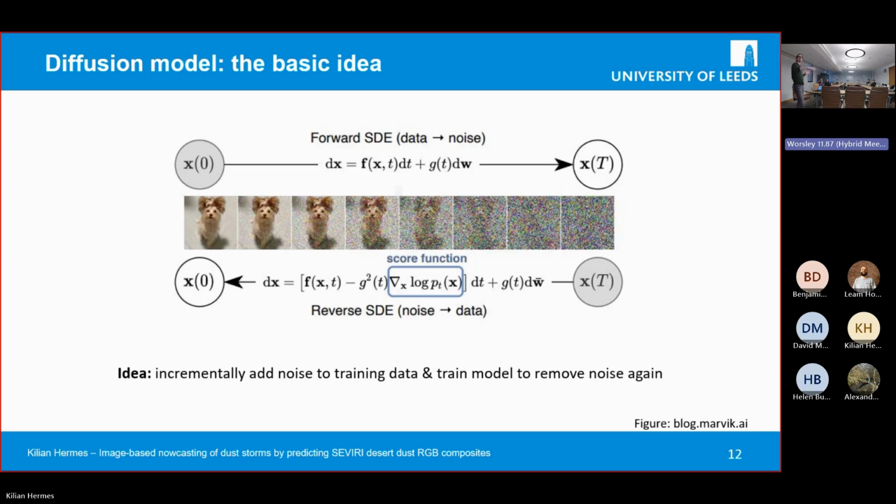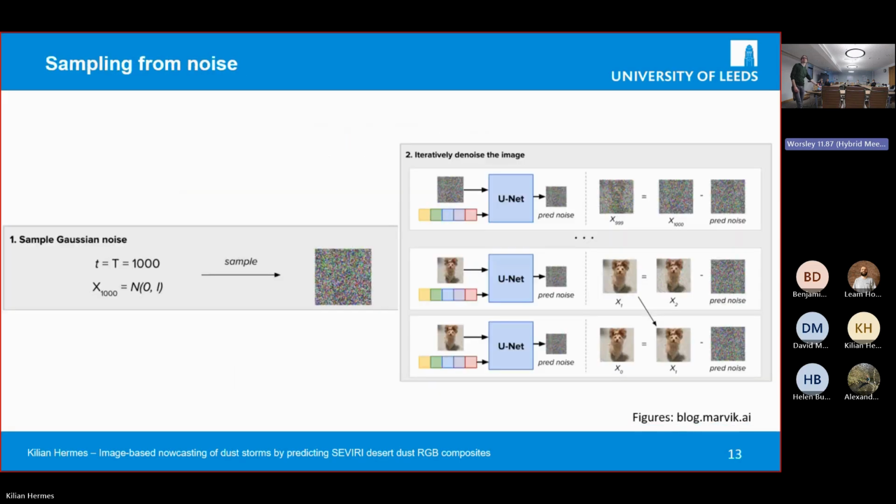I do that with many steps which add noise, and the model learns how to remove that over many different images. And in the end, we end up with a model which has learned something about how to remove noise from an image. This is, in my case, implemented as a U-Net. A U-Net is often chosen for this kind of diffusion model.